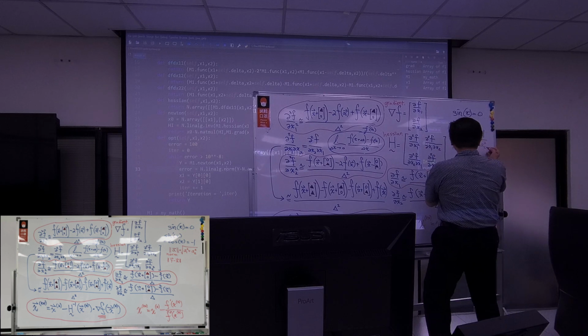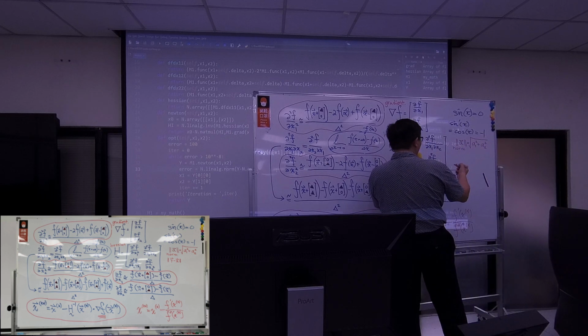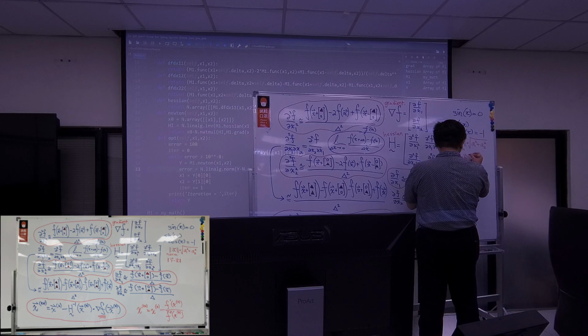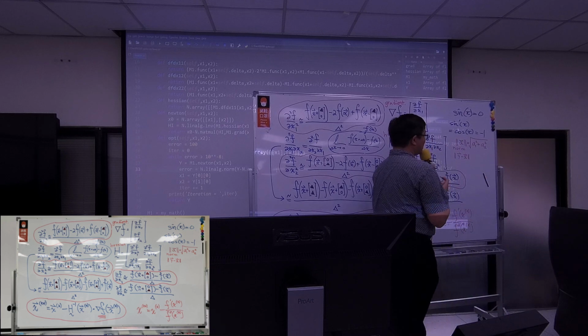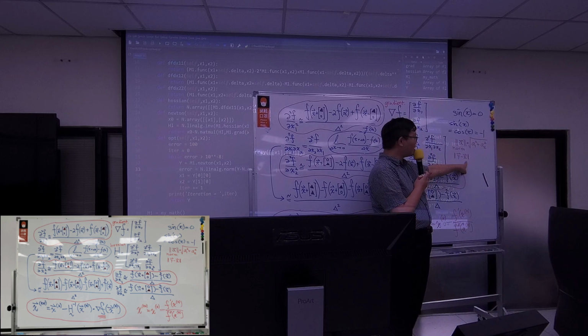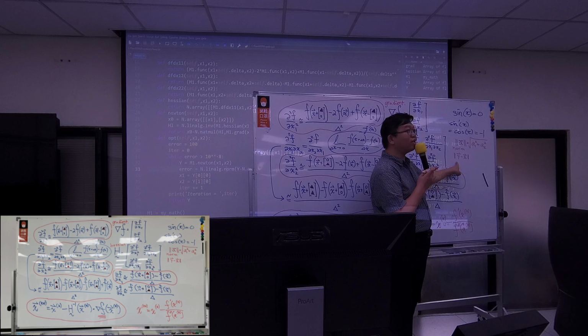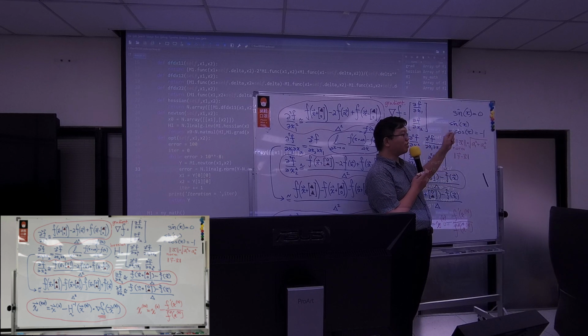So when I try to compute the error, what I did was a vector of y minus a vector of x. x is my earlier design, y is my new design. I subtract them from each other, and I compute the length of that vector, the difference vector.